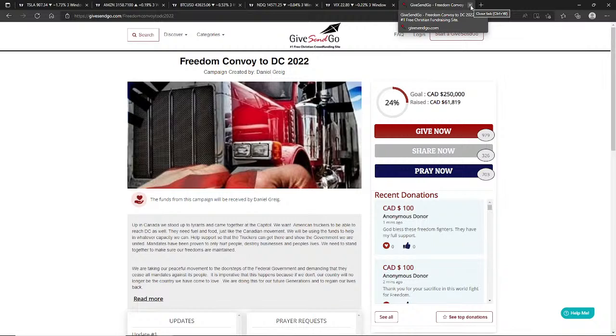I mean, there were tens of millions of dollars, many tens of millions, probably into the hundreds of millions of dollars, donated to extremely violent left-wing activity during the summer of 2020 and 2019, where people were burning down buildings and killing people and rioting and sending people to the hospital, but somehow GoFundMe thinks it's okay to keep funding that, but an entirely peaceful trucker protest in Canada gets shut down.